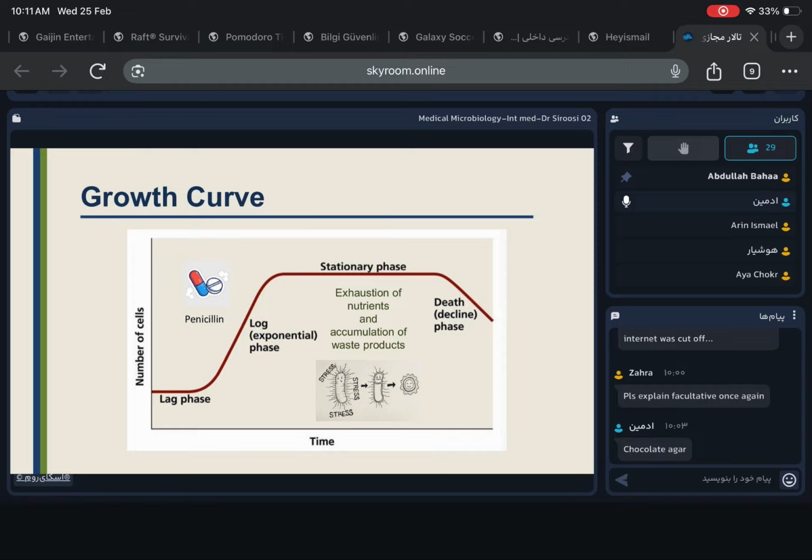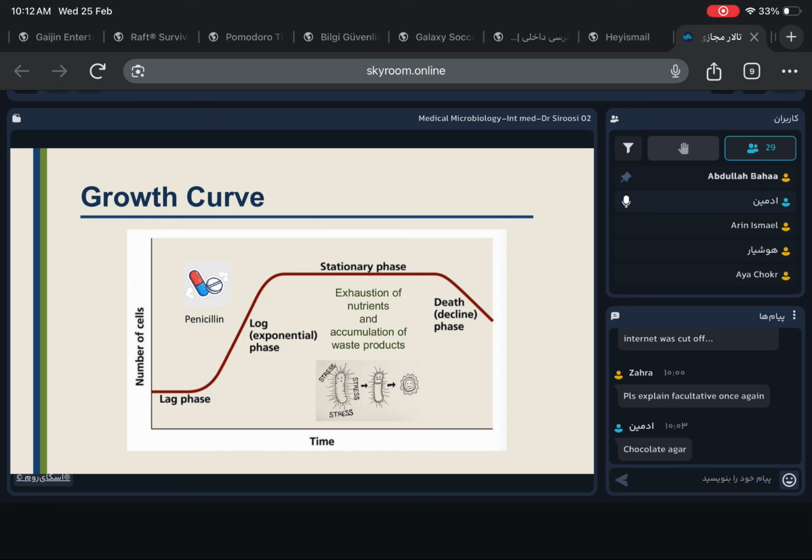So if you add bacteria to a new culture medium, and if you wait some time, and if you measure the number of living cells inside this culture medium, and if you plot the data that you get, you will have such a graph, which is called the growth curve. And as you can see, there are 4 phases in this curve that you have.